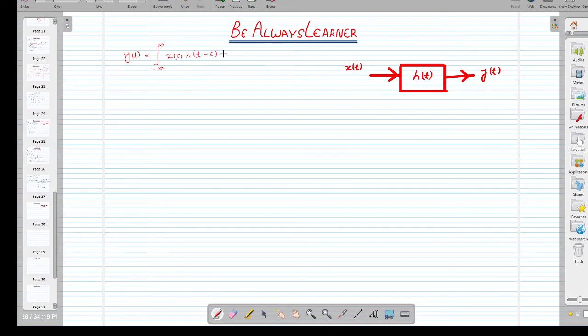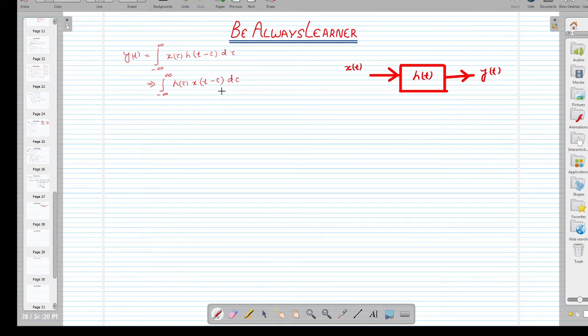By definition of convolution we can directly write this equation. Now, using the commutative property of the convolution, we can also write it like h(tau) x(t minus tau). So we can also write it like this.